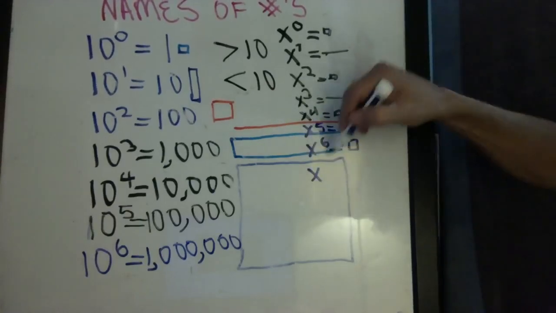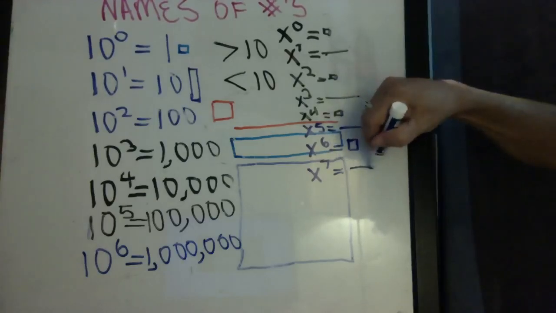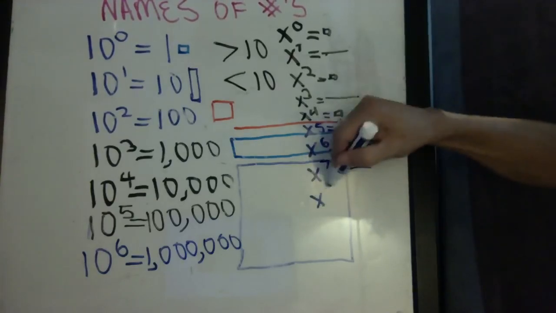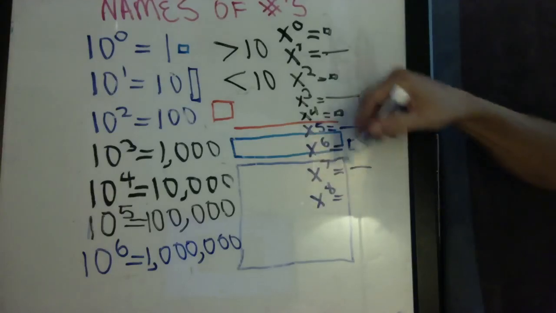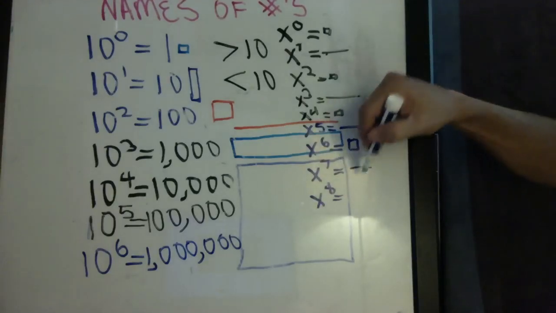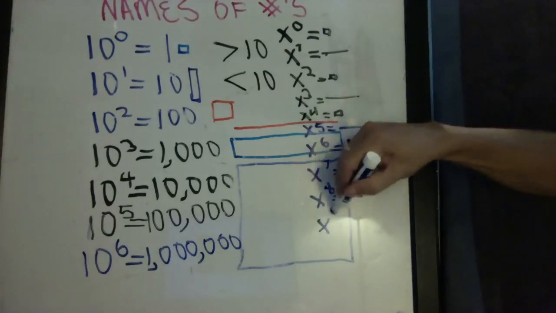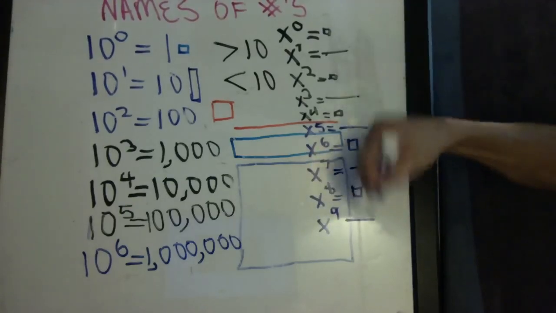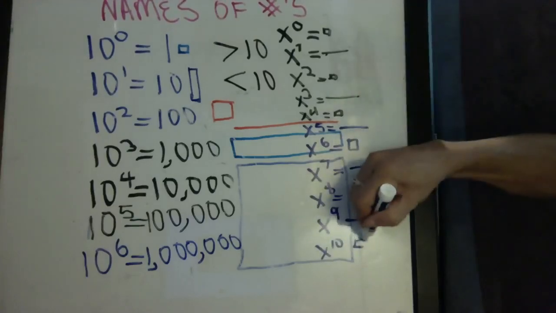Well, 10 of these. Is there a name for x to the 7th? How about x to the 8th? Well, actually, I should say 10 to the 8th. We have a name for that. And then that'll be the rectangle. And then 9, and then 10. That'll be it.